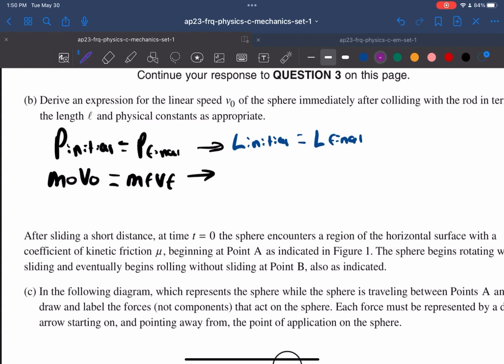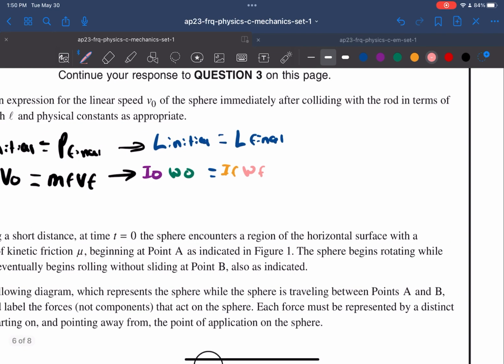And if we were to plug these into the equations, we would get the initial moment of inertia times the initial angular speed is equal to the final moment of inertia times the final rotational speed.